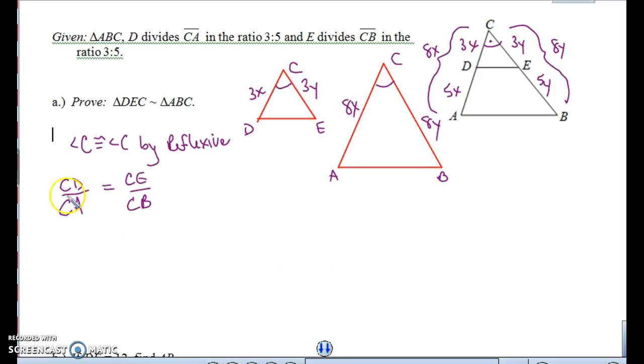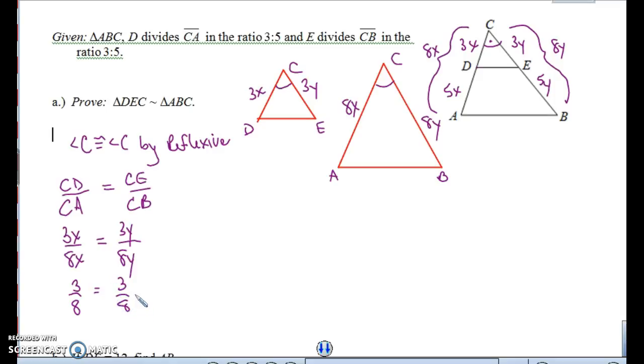Okay, so what is the ratio of CD to CA? This side to the whole side is 3x to 8x. And for CE to CB, it's 3y to 8y. So if I simplify this, the x's cancel. This is in the ratio of 3 to 8, and this is in the ratio of 3 to 8.